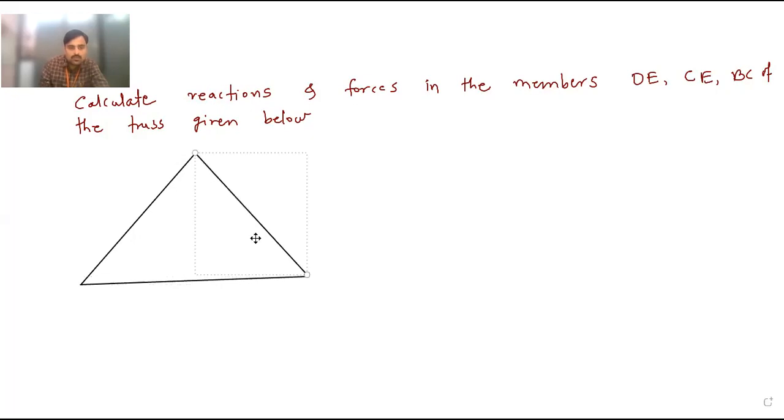This type of truss is given. Okay. So if we give naming to this truss, then it is A, this is point D, this is B, this is C, and this is E. This angle is 90 degree.